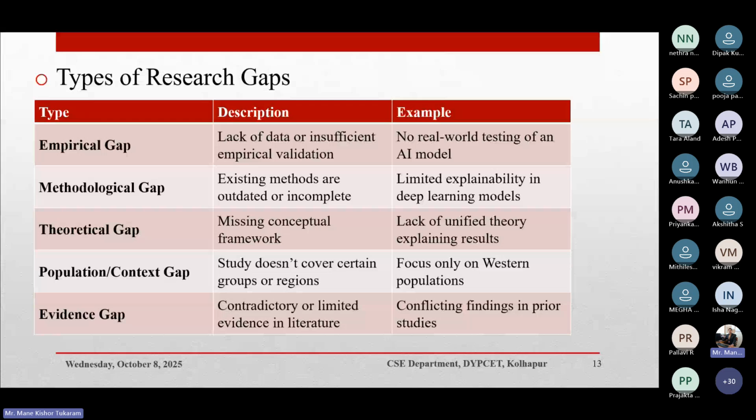So these are contexts which are not related to your topic, but are the advanced version related to your topic. So we can add that particular content using the context gap. Then the last gap is related to the evidence.